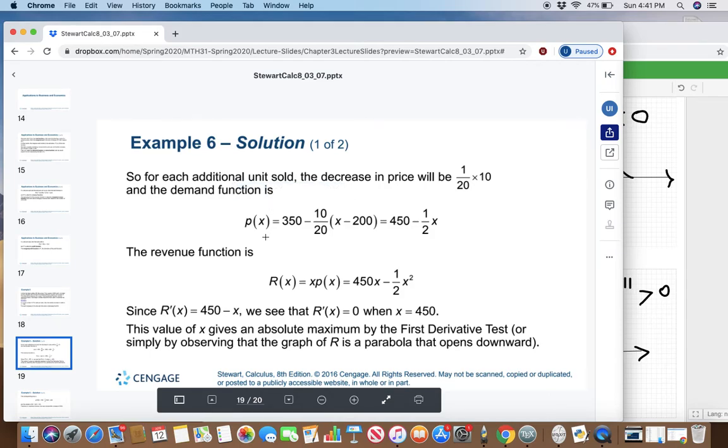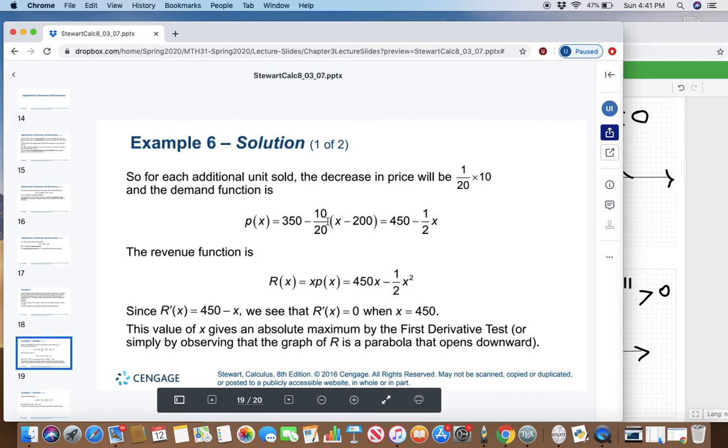So the demand function is 350, which is the original price of the TV, minus 10/20th of the additional number of TVs beyond 200. You see, x minus 200 is the additional you sell. 10 by 20th of that is the reduction in your price per unit.